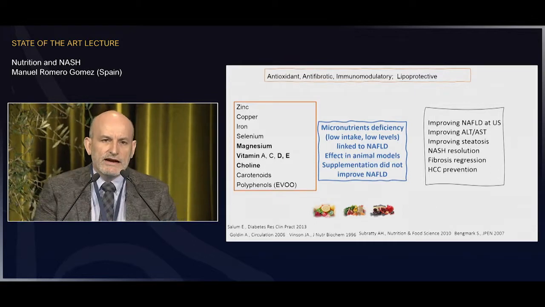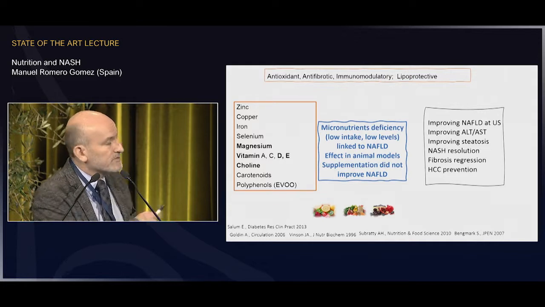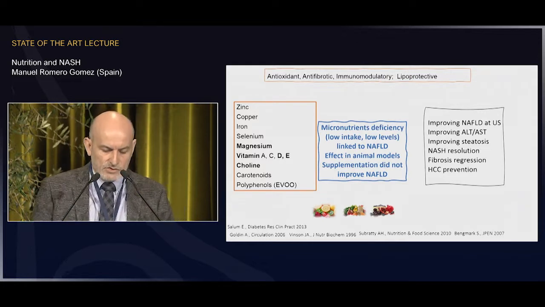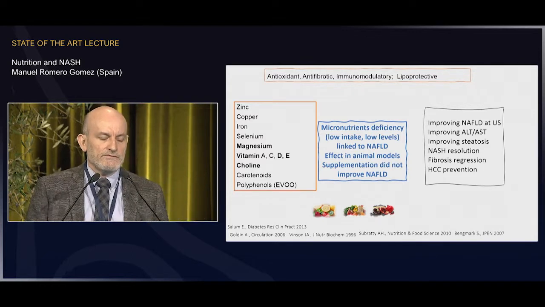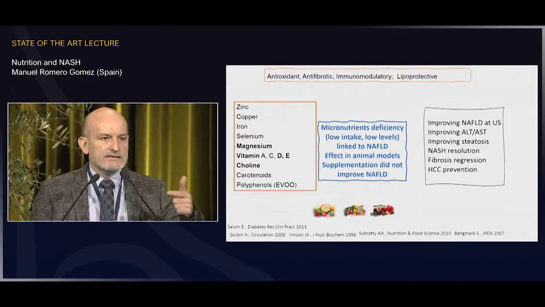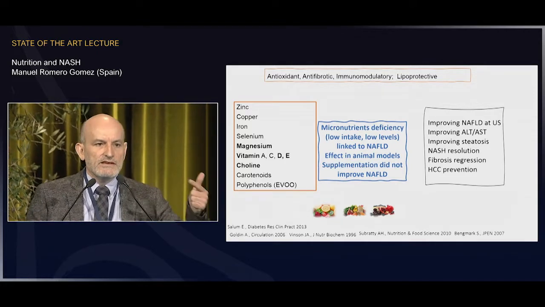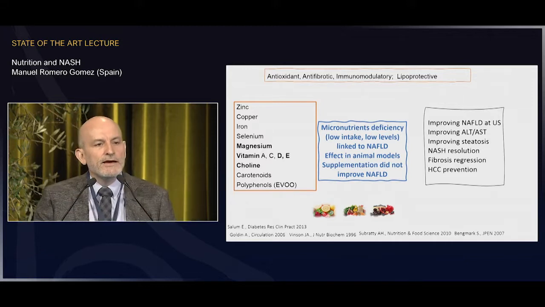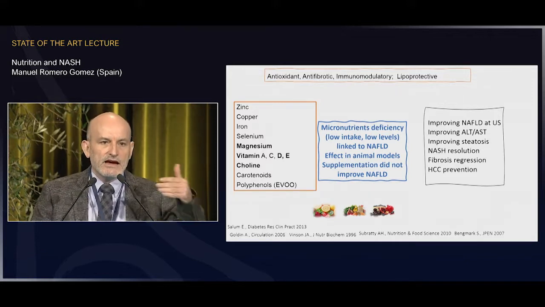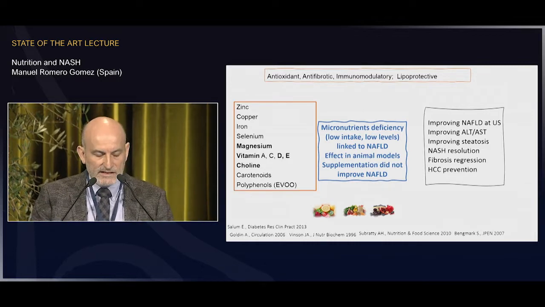When we try to analyze what is happening with micronutrients, we have a very large list of micronutrients that have been related to NAFLD, because low intake has been related to NAFLD. When we analyze cellular levels, we detect that low levels of vitamin D and vitamin C are related to NAFLD, and even in animal models, we can link these micronutrient levels with the development of NAFLD.